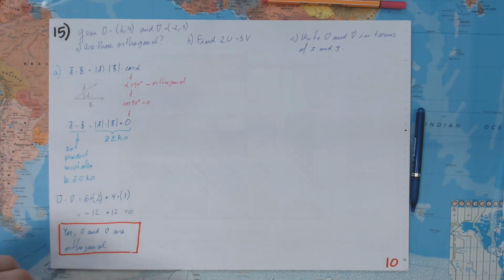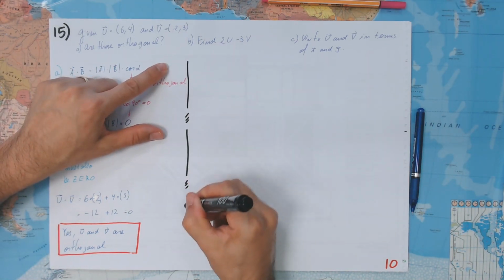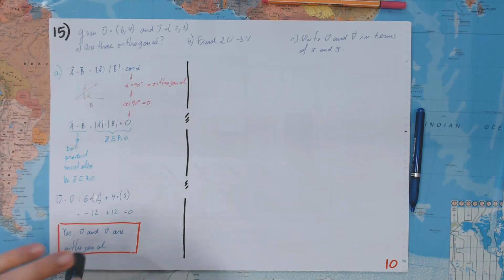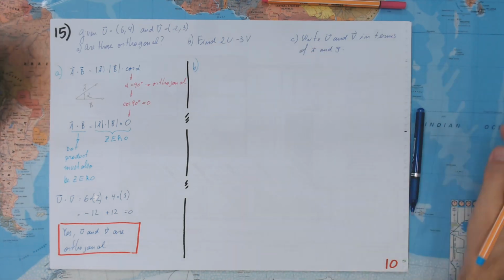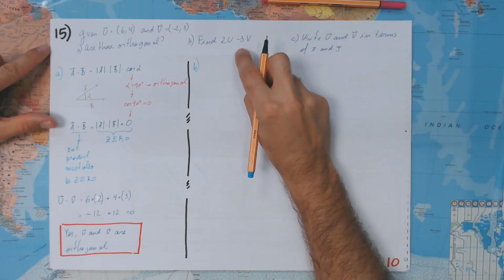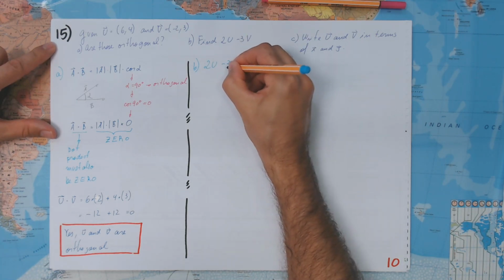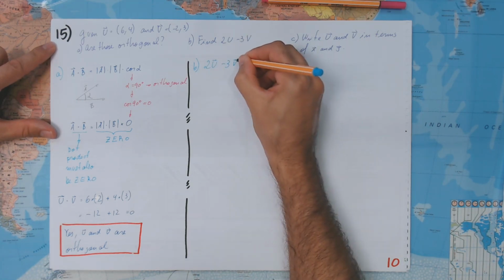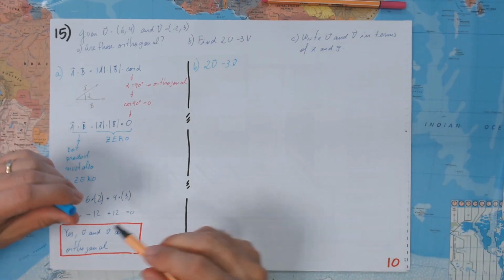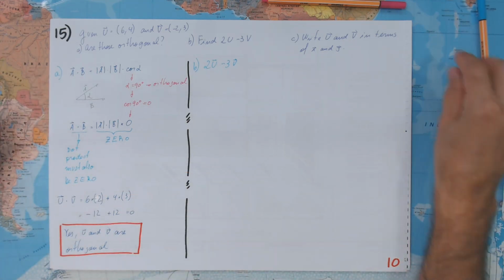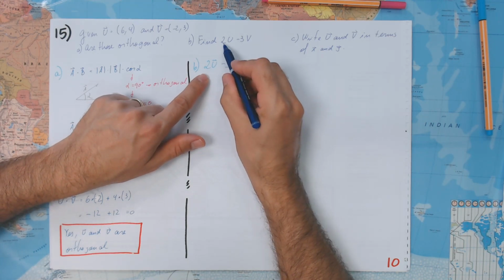Okay, now let's find B. What about B? We are going to find 2u minus 3v. Well, I'm going to do this in both ways, okay? Let's first do it algebraically. What is 2u?